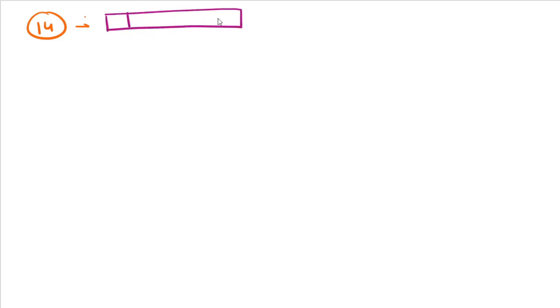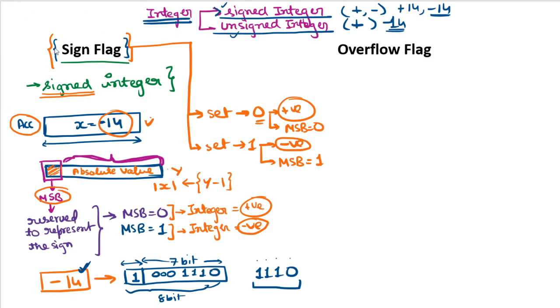All the other bits will be the same: 0 0 0 1 1 1 0, and the most significant bit will be 0. For minus 14 it will be 1, and for plus 14 it will be 0. So the sign flag is used to represent the sign of a value present in the accumulator register.